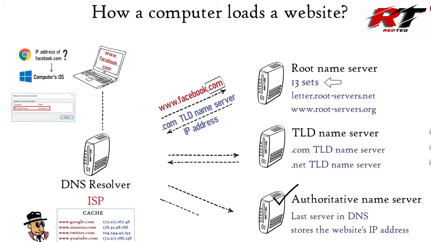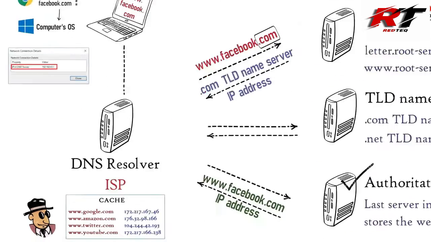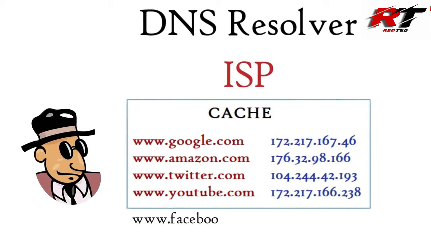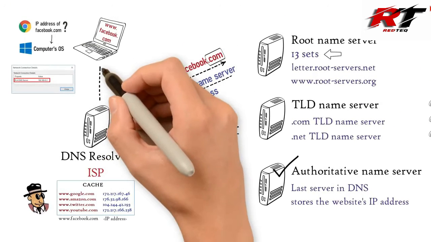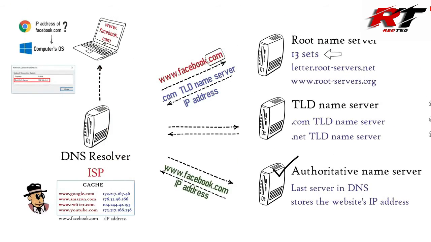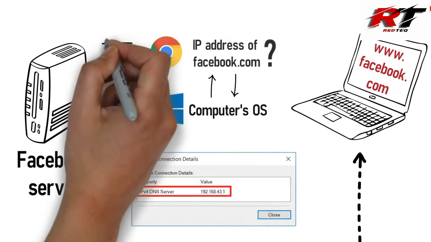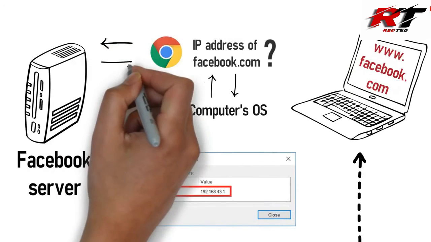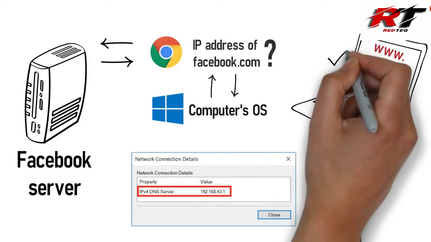Finally, the authoritative name server provides the exact IP address of facebook.com to the DNS resolver. The DNS resolver stores this information in its cache for future use and provides the IP address to the computer's operating system. The operating system then forwards it to the web browser. The web browser then contacts the Facebook server and loads the requested website, that is facebook.com.